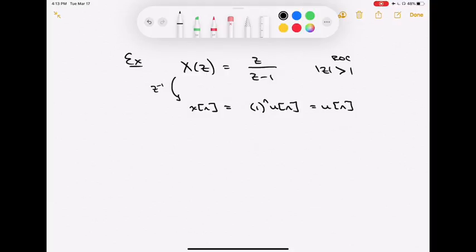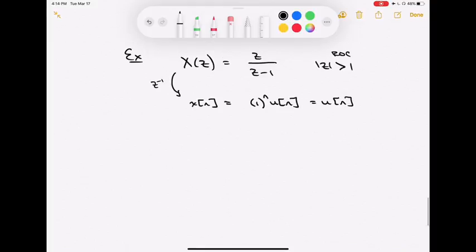So I know what the answer is supposed to be here. I'd like to get that answer through a different method, one that doesn't require any knowledge of partial fraction expansions or tables or anything else. I would just like to take that X(z), do a series expansion on it, and get from that series expansion the original time domain signal. Here's the basic game.